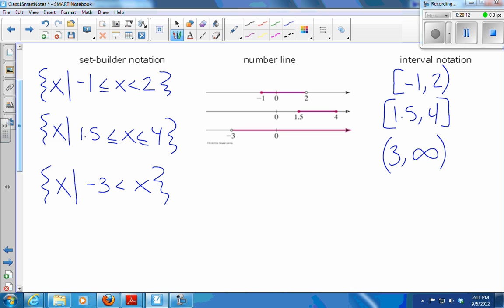If you just say all the numbers so that x is bigger than -3, or -3 is less than x, that implies to infinity. So this is the one exception where you would be allowed to not write it left to right, small to big. So you could write the set of all x such that x is bigger than -3. That's the one exception. When you're just doing an interval from one number to infinity, you can just say x is bigger than that number.